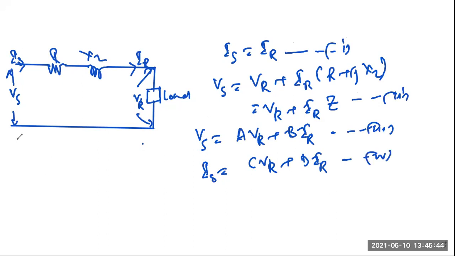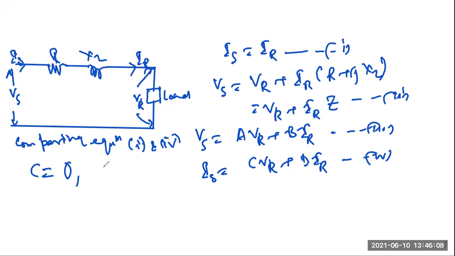Comparing equation 1 and equation 4, this is Is and this is Is. From here, A equal to 1, C equal to 0, and D equal to 1.